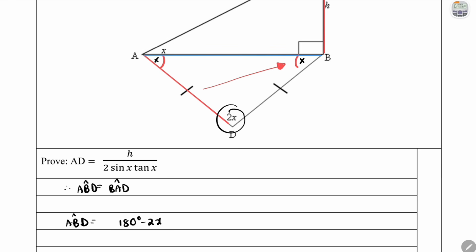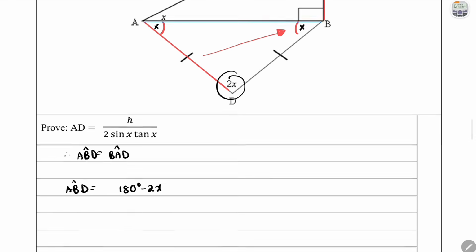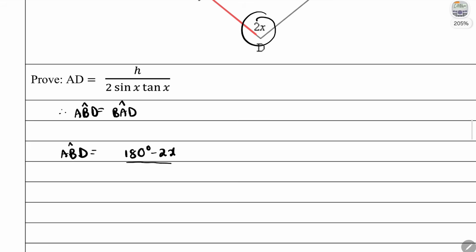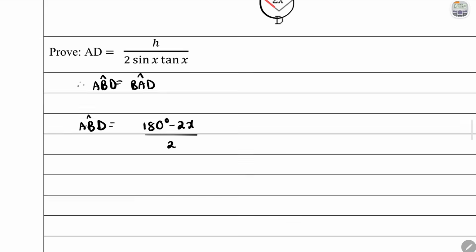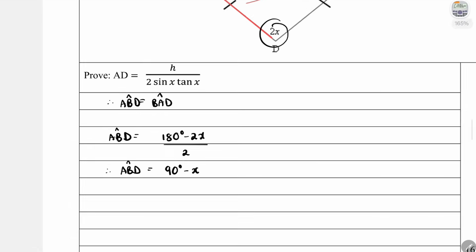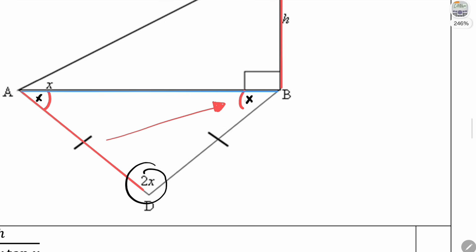So to find one of them, just divide that by 2. So 180 degrees minus 2x divided by 2. And so this means that angle ABD is simply equal to 90 degrees minus x. Okay, so we found an expression for this: ABD is 90 degrees minus x.